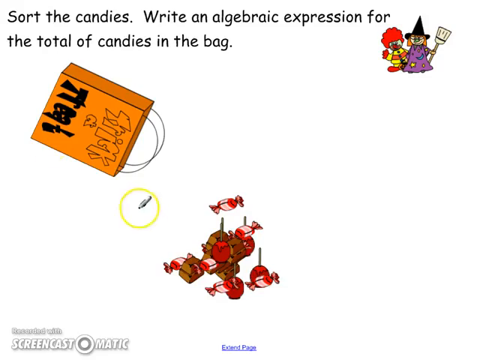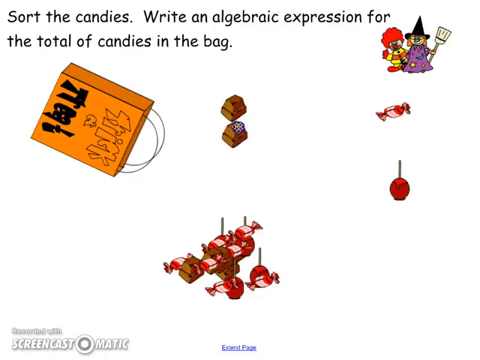Okay, so now here's my candy and my bag. You see the bag's been dumped out. I am going to go ahead and sort these out by type. I will try to put them in and see what I grab, and I may have to sort as I go along.